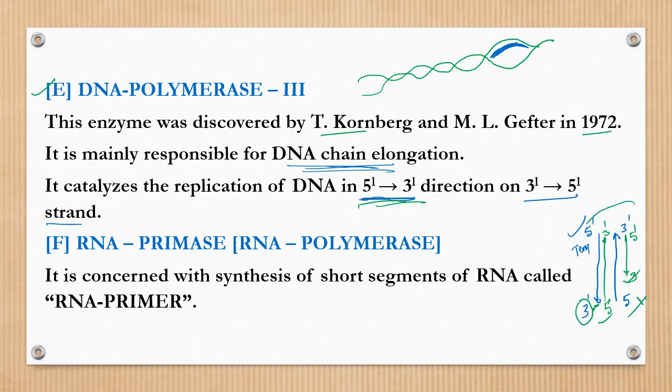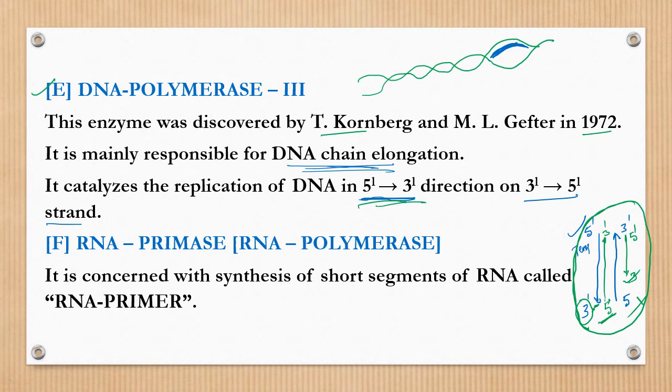So it never changes. Please remember this point clearly. The DNA replication or newly synthesized strand is always in the 5 to 3 direction on the 3 to 5 strand of DNA.